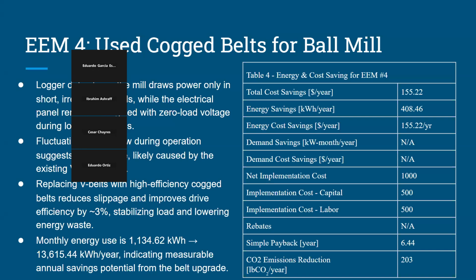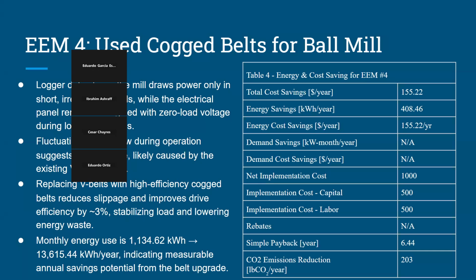The monthly energy use is 1,134.62 kilowatt hours, which translates to 13,615.44 kilowatt hours per year. This indicates measurable annual savings potential from the belt upgrade. As you can see in table number 4 over here on the right-hand side, total cost savings of this will be $155.22.